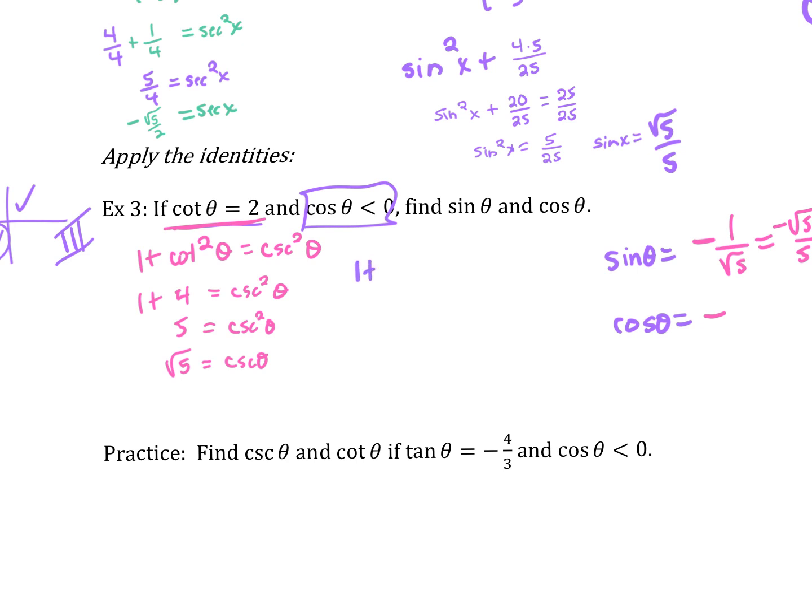So 1 plus tangent squared theta, thanks Trevin, equals secant squared theta. So 1 plus 1/2 squared equals secant squared theta.